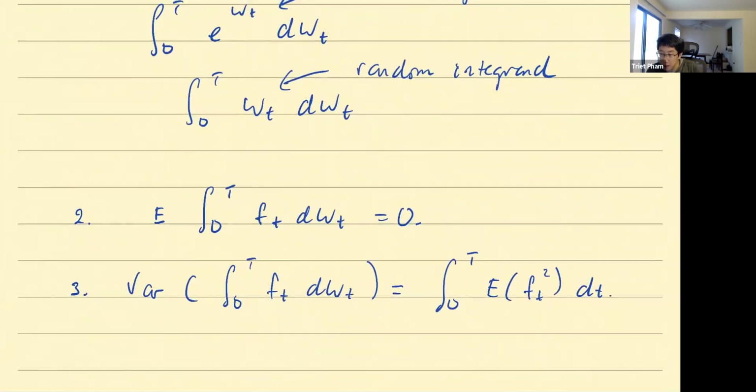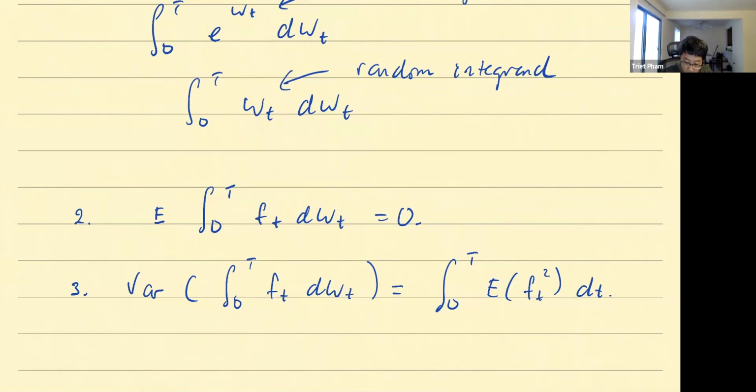What's surprising is that it doesn't matter what integrand you use, it always has mean 0. Actually, it's quite simple to see, because the fluctuation of Brownian motion on average is 0. You can think of it like that. The average change of Brownian motion is 0. So when you add all these average changes, on average you get 0. It's a random variable, so you can talk about the variance. So be careful, all right?